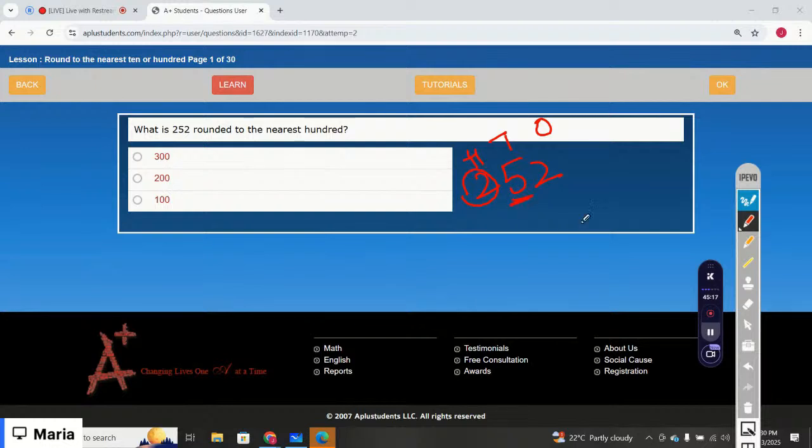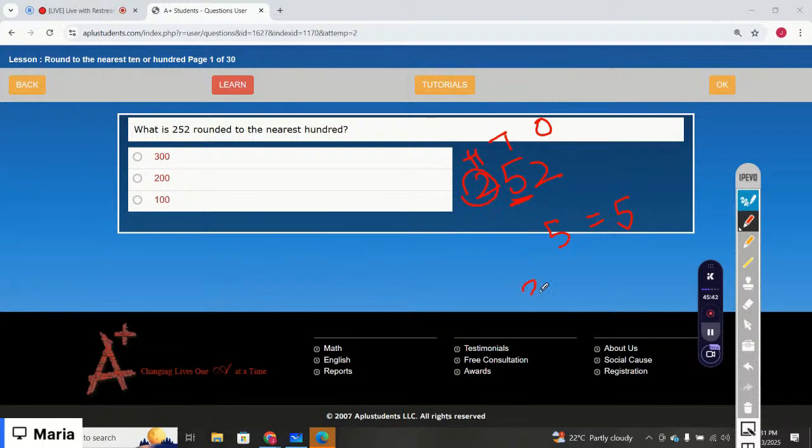And on the right hand side of it you have 5. 5 is equal to 5, so you need to round up.